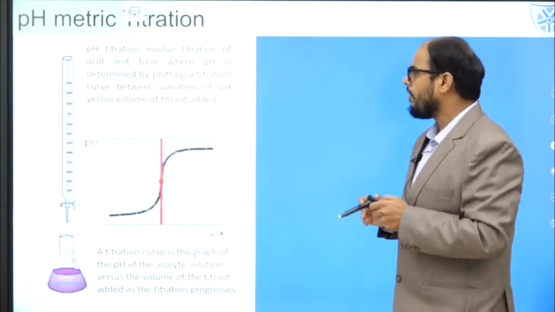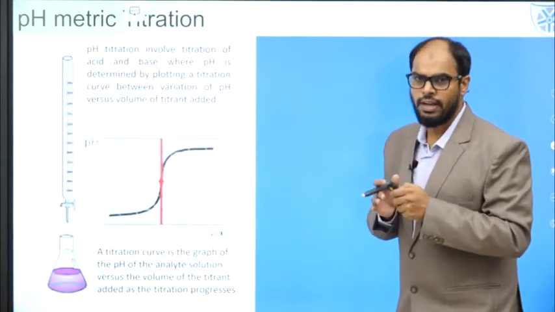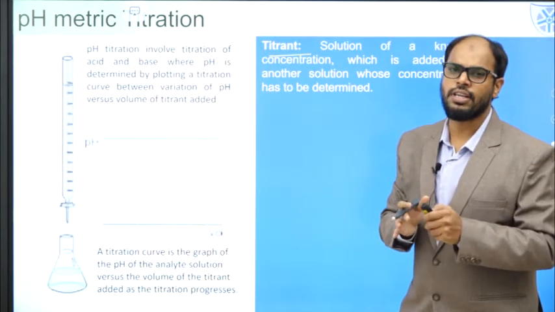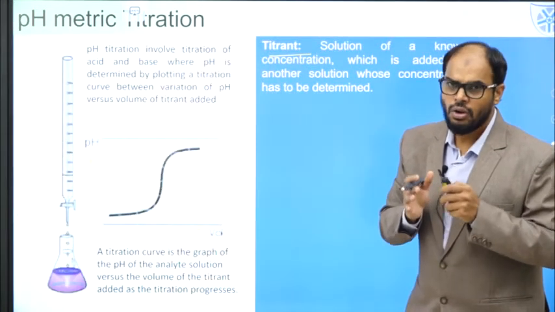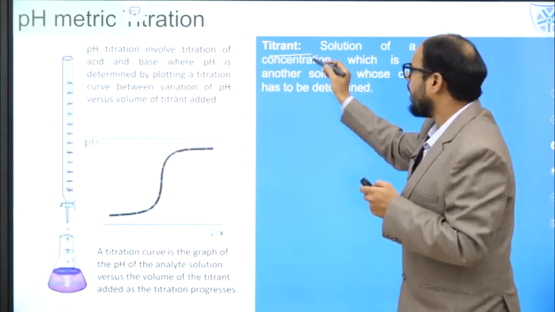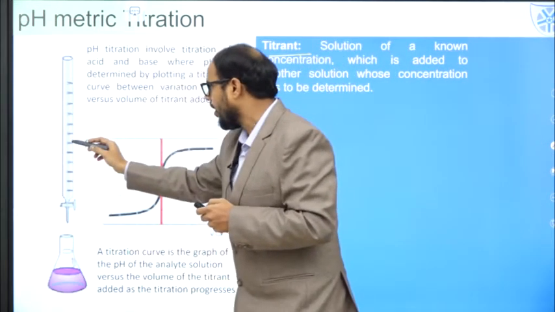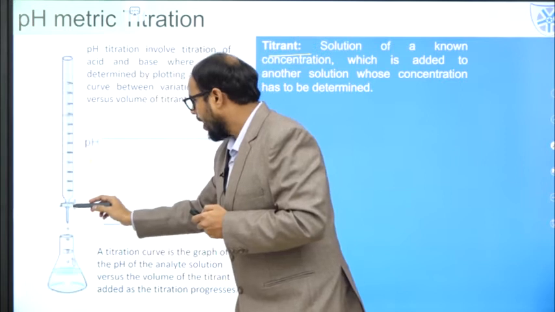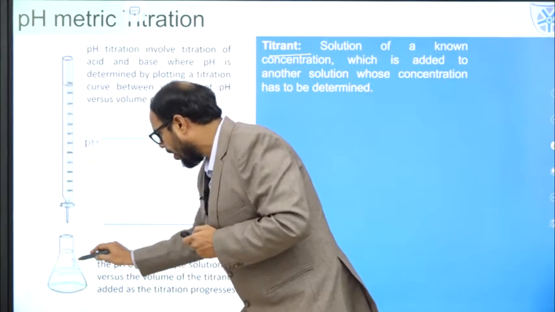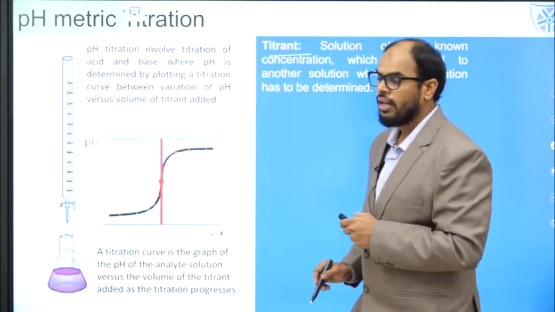And what is the meaning of an analyte and what is the meaning of a titrant? Titrant is a solution whose concentration is fixed or known, and this titrant is always taken in the burette, and it is added drop by drop to the solution of unknown concentration.